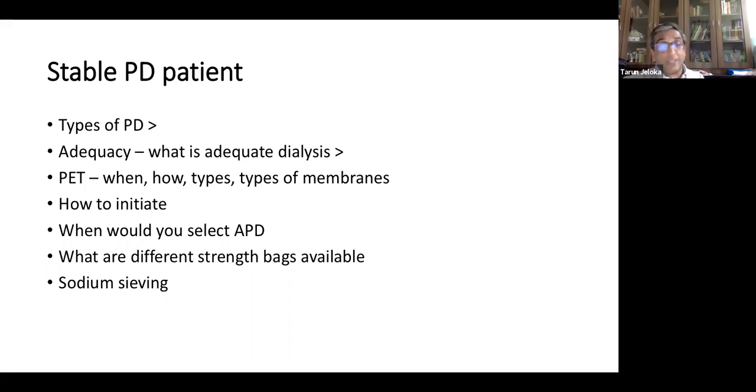What are the different strength bags available? Sometimes people miss out on these kinds of simple questions. What are the different strengths of CAPD bags available? In India, we used to have 1.5, 2.5 and 4.25 bags, but unfortunately 4.25 bags are not available. These are dextrose based bags.